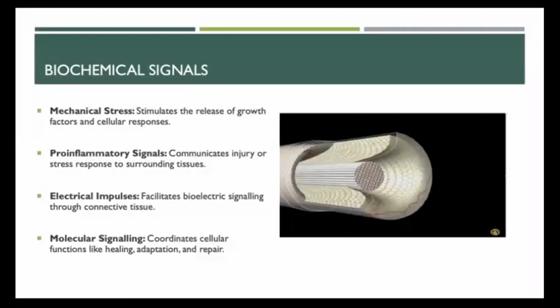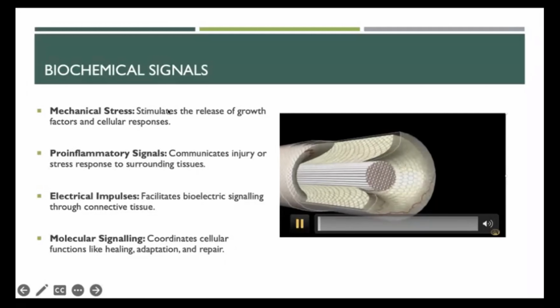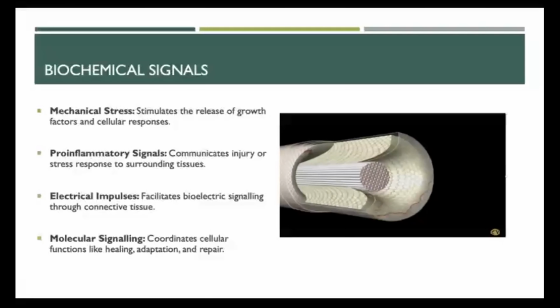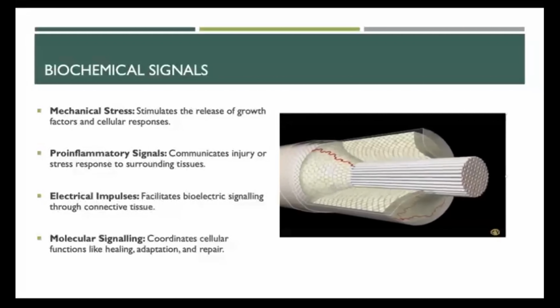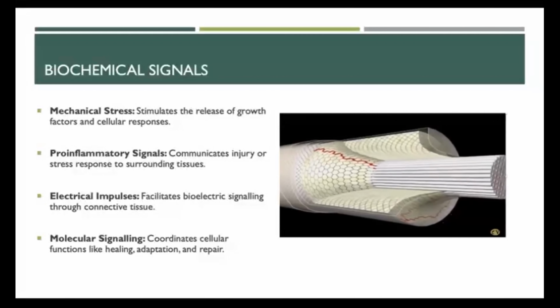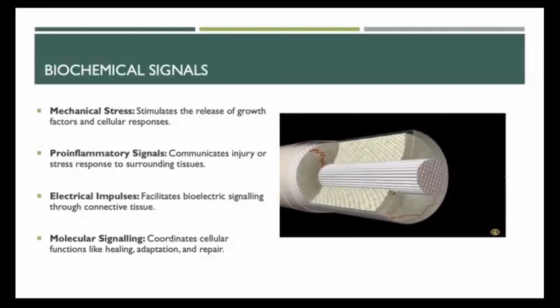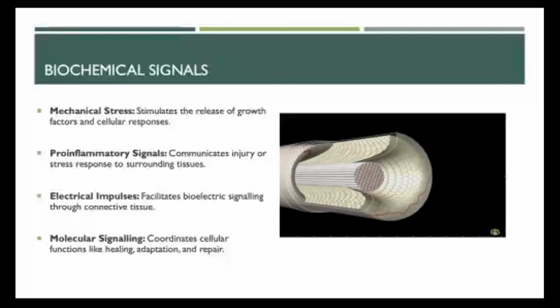Electrical impulses are facilitated through this process here, as we just discussed. This is all the biochemical signals. And we have molecular signals going on. That is the body adjusting and adapting to the situation, the fascia contorting and changing due to whatever circumstances are going on in your internal and external environment.